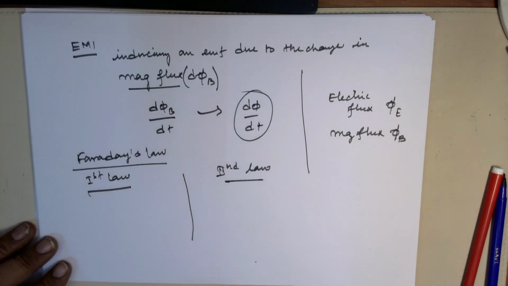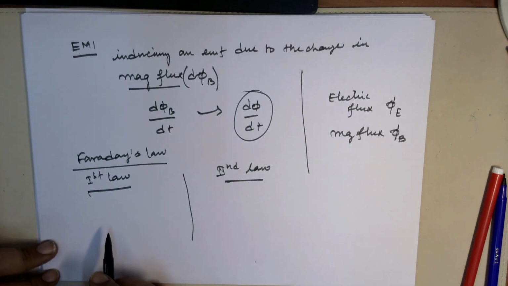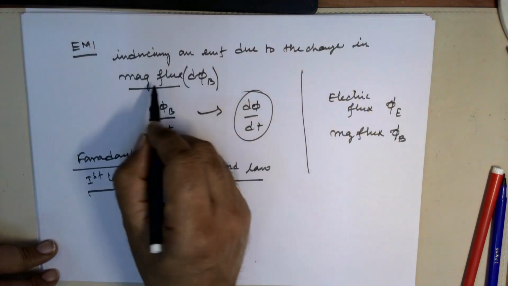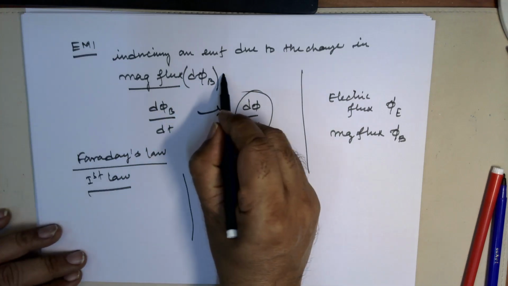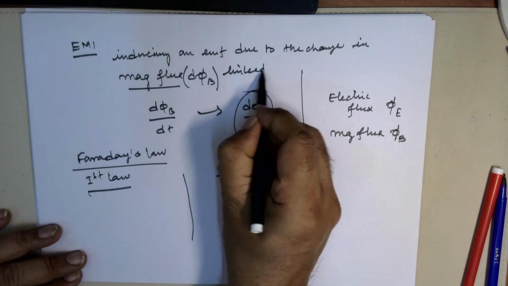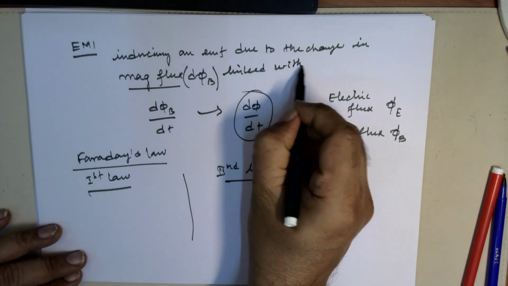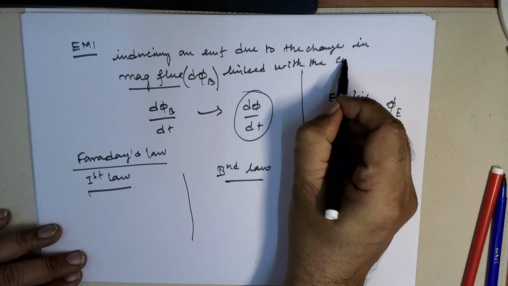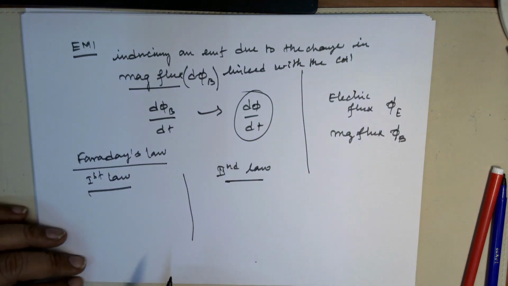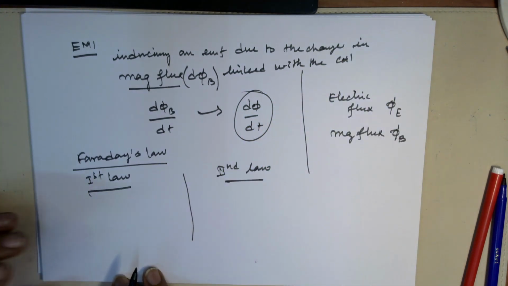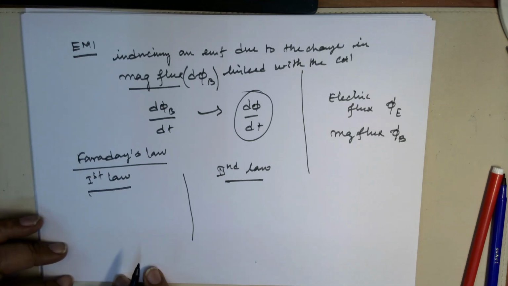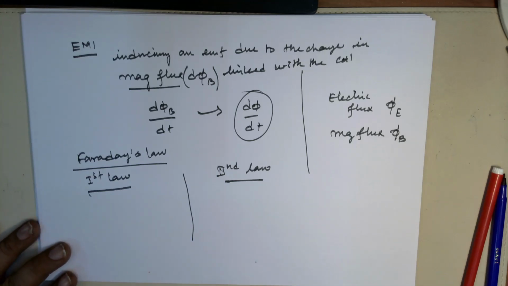First law states that whenever the amount of magnetic flux linked with the coil, I must say that is magnetic flux associated or linked with the coil, changes, an EMF is induced.